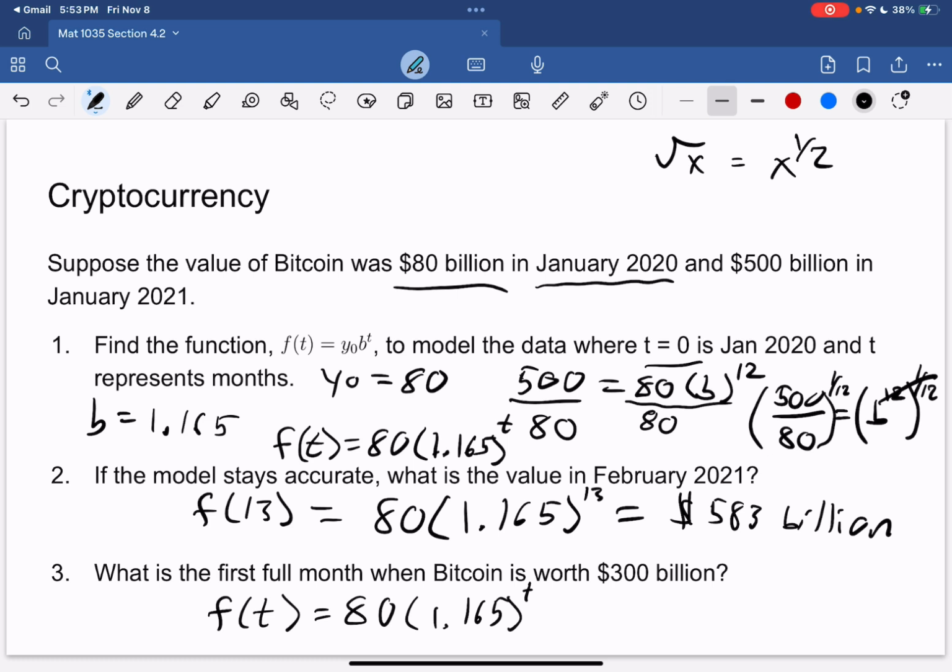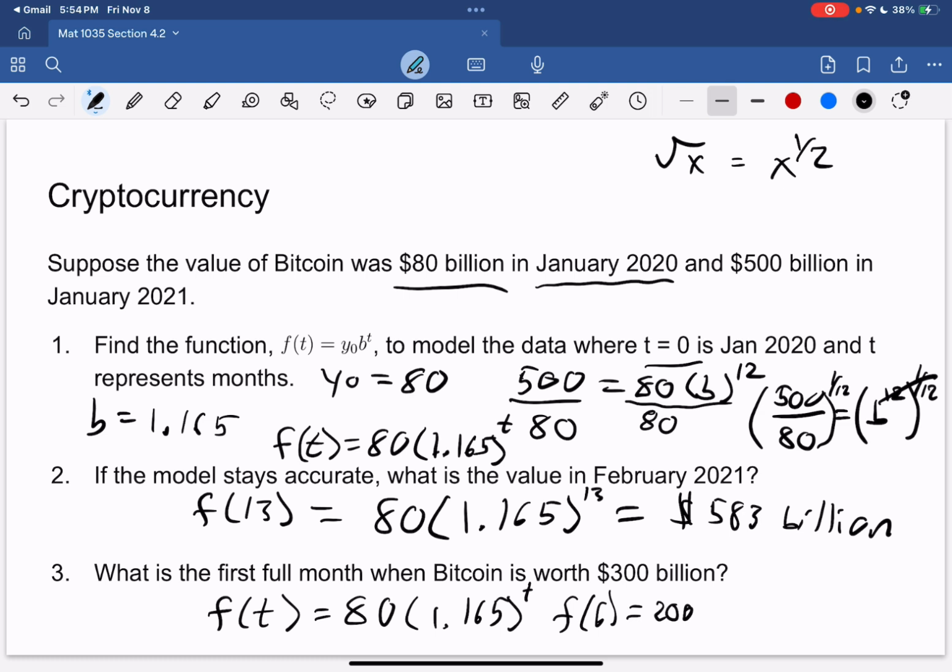So let's pick a number. Let's start with 6. I go to my calculator and evaluate the function at 6. So f of 6, I get 200. That's not what we're looking for. Let's try f of 10.